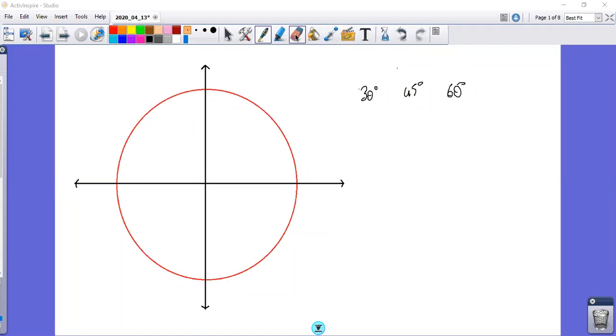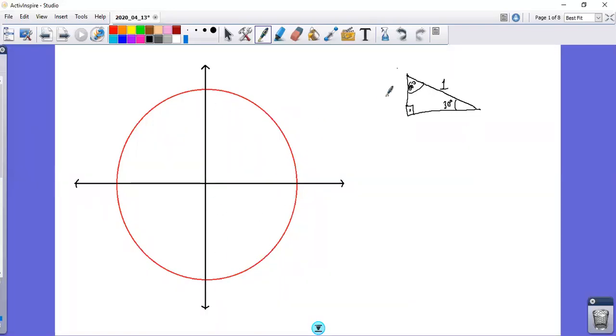All right, so let's remember this first. For example, we have this right triangle. This is, let's say, 90 degrees. So this is 30 degrees, and this is 60 degrees. So the side opposite to 90, let's say it is 1, because in the unit circle, the radius is 1. So we are dealing with the unit circle here.